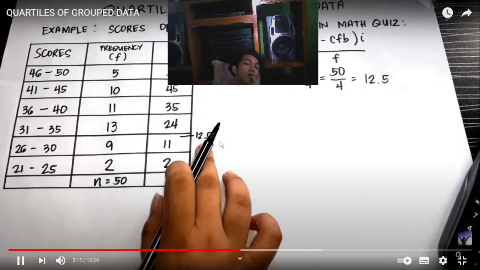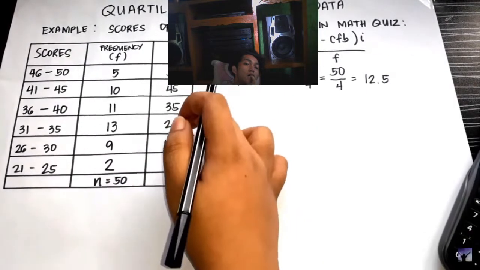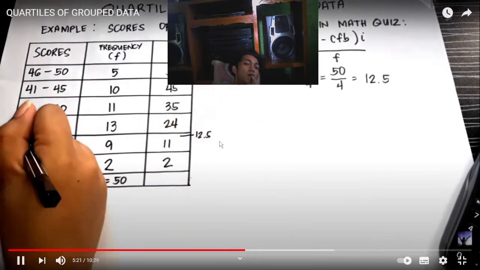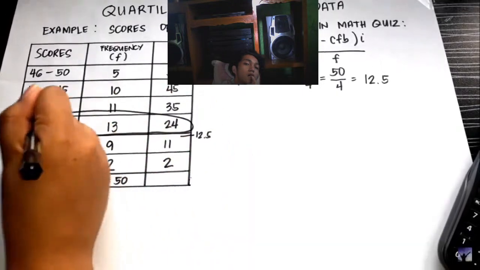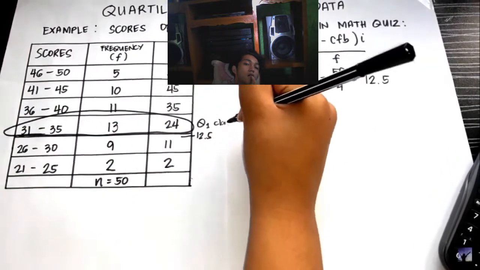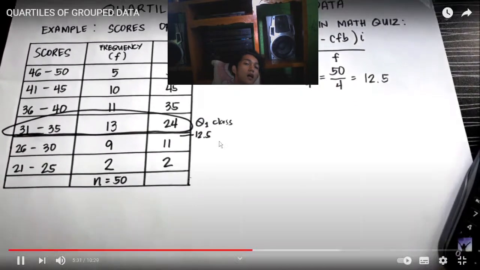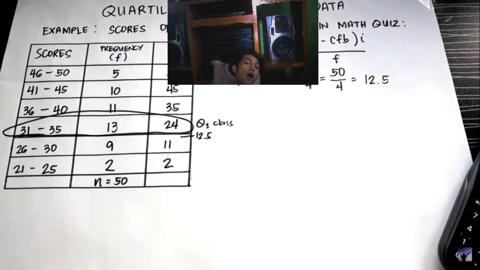Now, if 12.5 is between 11 and 24, the higher cumulative frequency will be our quartile 1 class. That means we will get all the values for our quartile 1 formula from there.